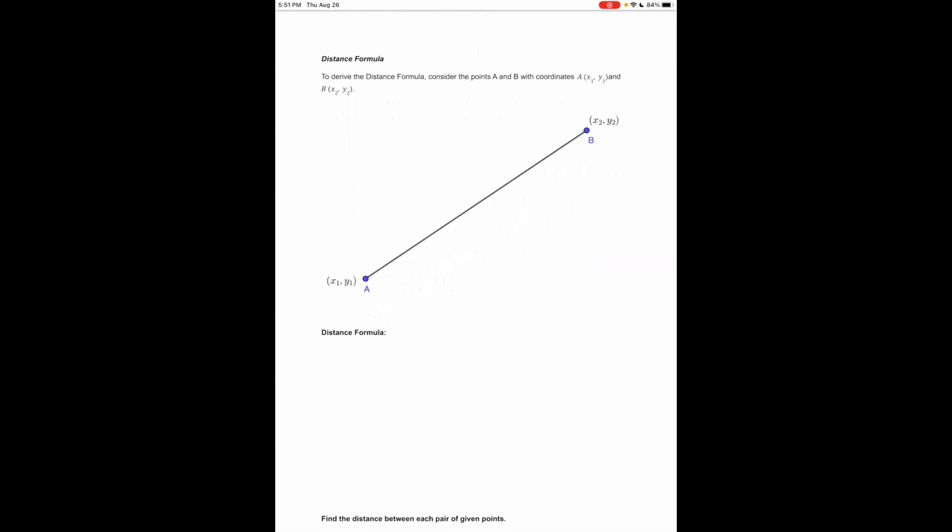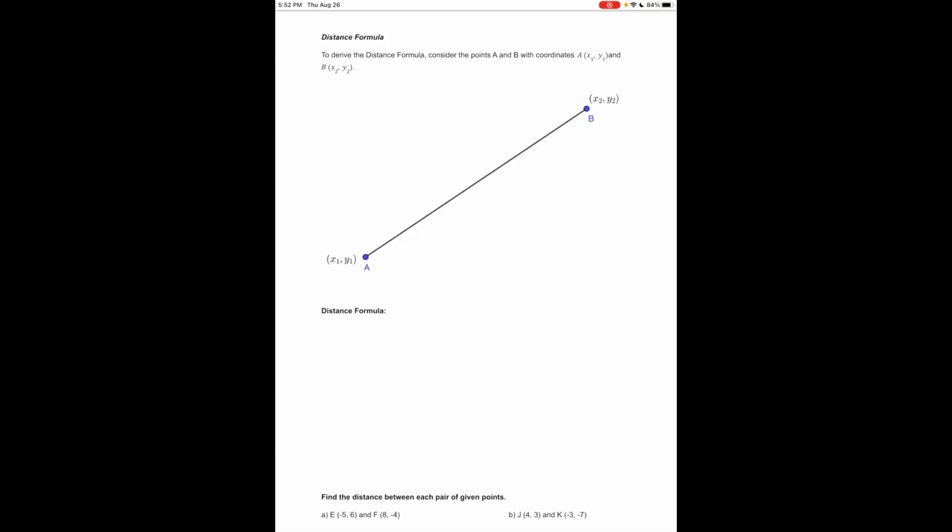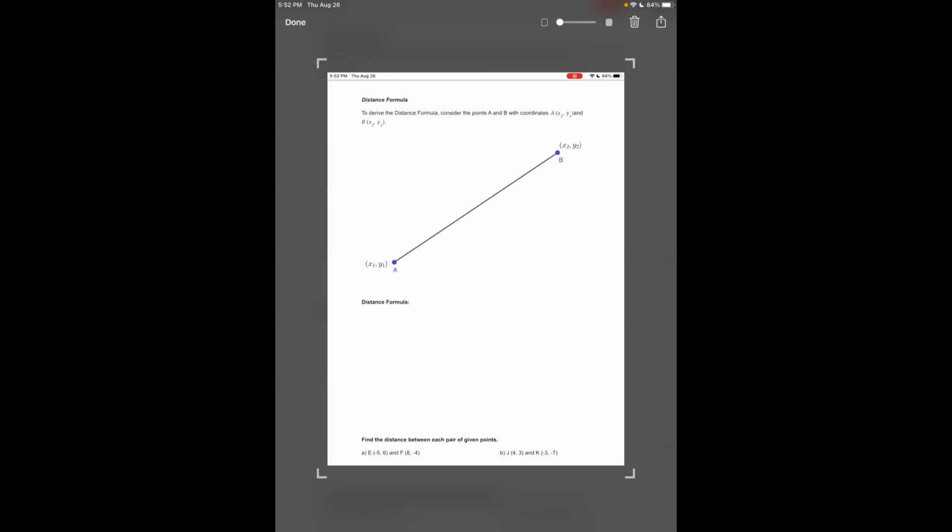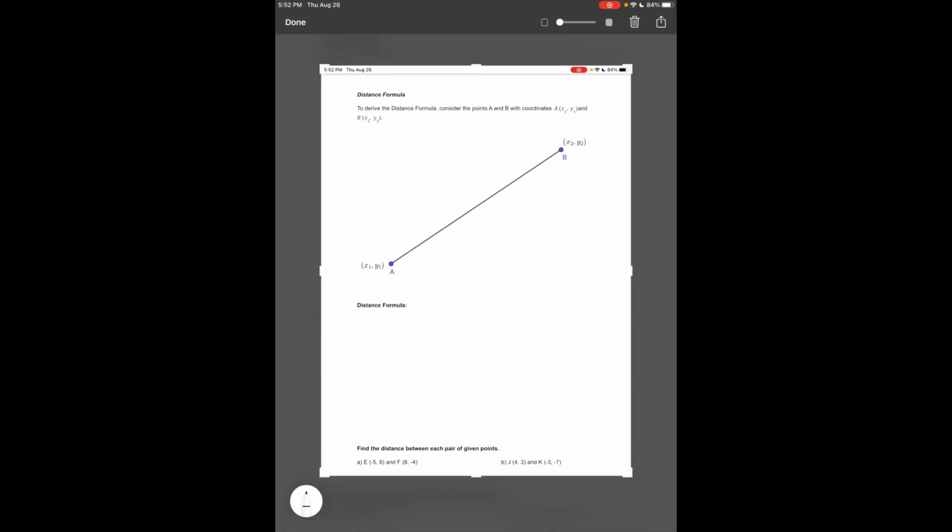So on the next page here, I'm going to walk you through the process of deriving what the distance formula is. So if we have a line segment with generic endpoints where A is at x1, y1, and B is at x2, y2. If I make my slope triangle like so, we create our right triangle, and we're looking for this distance from A to B, which is d.